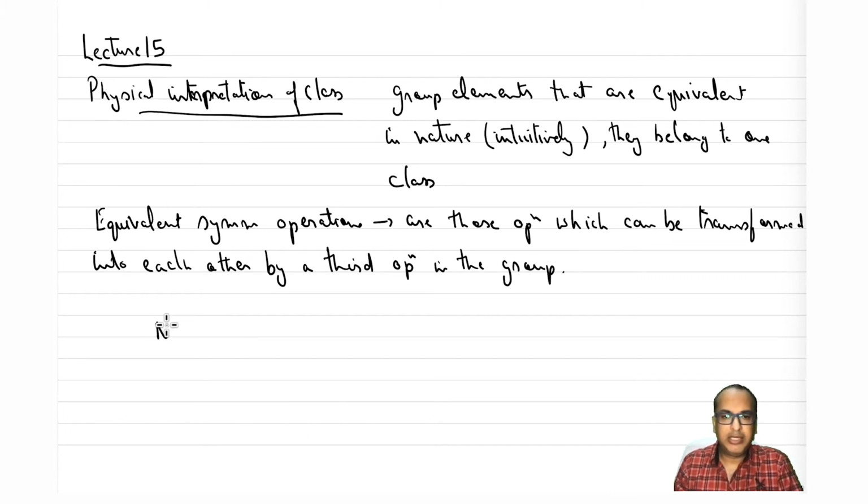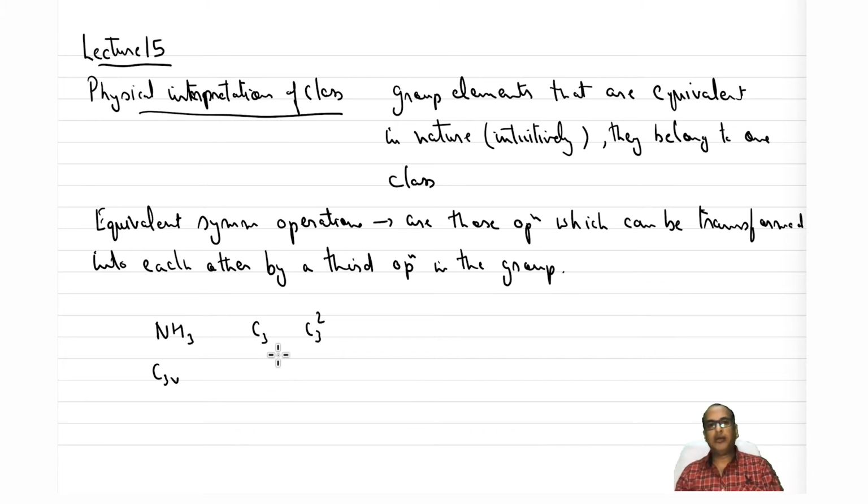Let's say we are considering the NH3 molecule, the point group is C3V. So C3 and C3 square are equivalent symmetry operations. That is, the effect of C3 or the effect of C3 square can be interconverted between each other by a third symmetry element. So without wasting time, let us see what I mean by that.